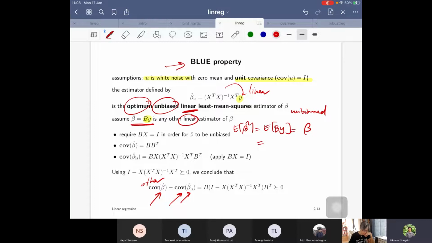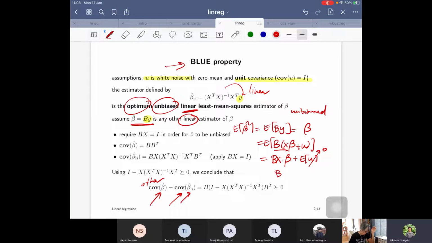But the expectation of B y, using the data generating process equation, is B times X times beta, plus B times the expectation of u, which is 0.